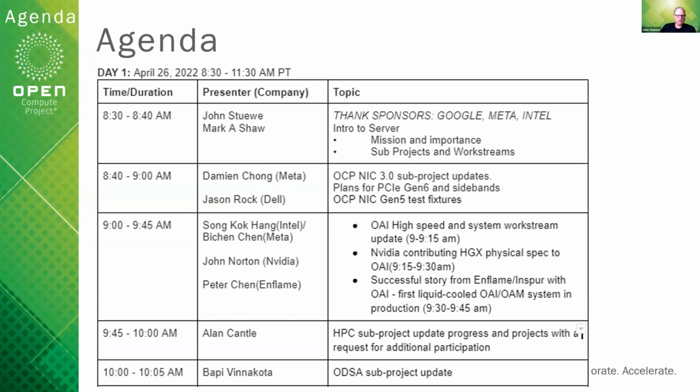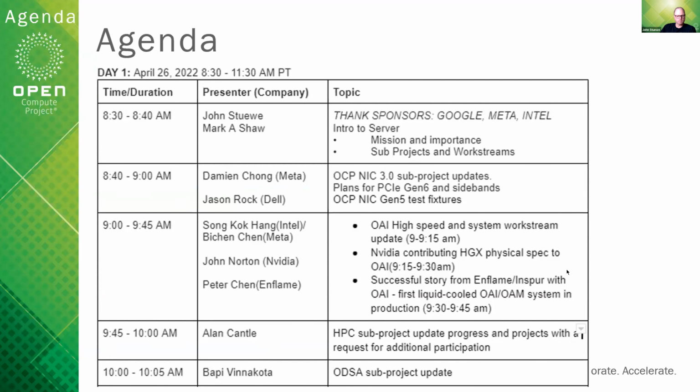So today we're starting out with the OCP NIC 3.0 subproject with Damien, and with an update on the Gen 5 test fixtures with Jason Rock. Then we'll move on to the OAI. There's 3 separate presentations for OAI, followed by Alan with the HPC subproject update, which is going to be a shorter one.